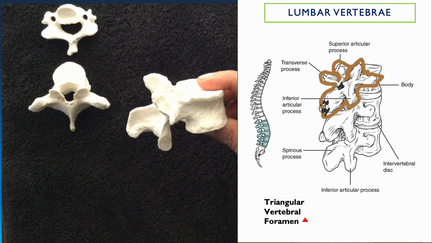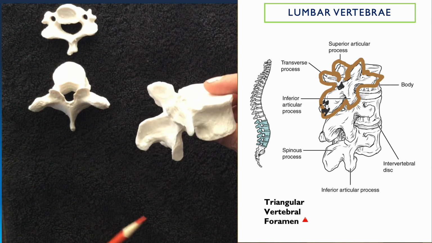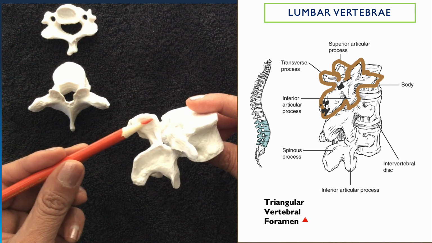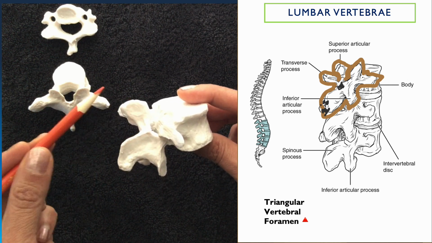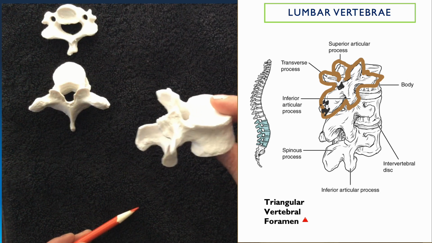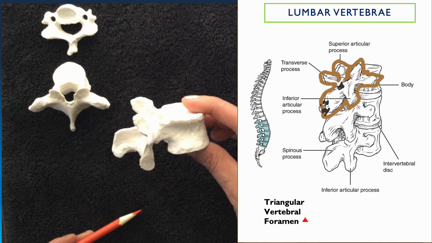And then of course the transverse processes are on either side, and they look like the antlers, as do the superior articular processes. It all looks very much like a moose. Not that I've seen one in person, but that's what it looks like, right?